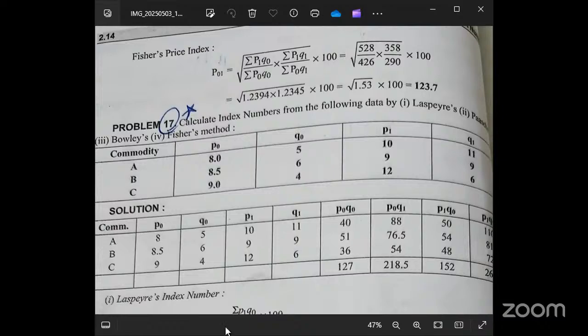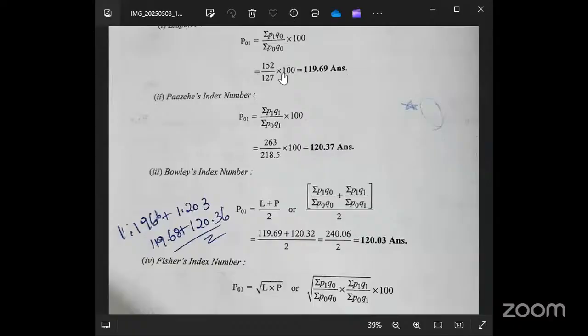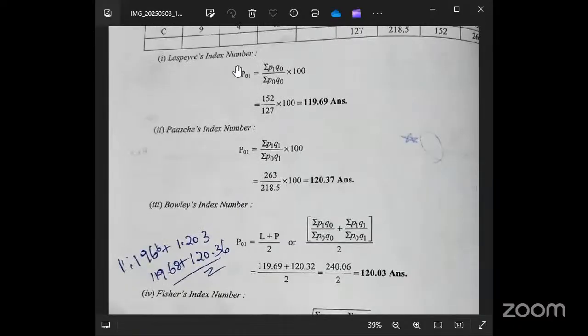So next is applying the formulas. First we applied the Laspeyres method, where we got 119.69, and we applied the Paasche index number, where we got 120.37.